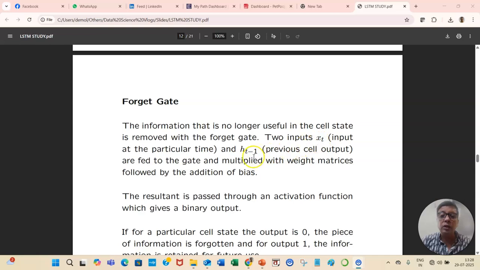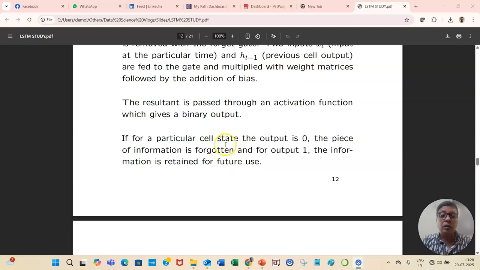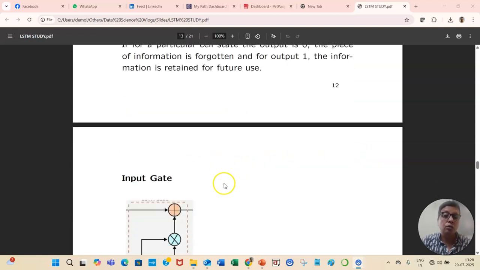Two inputs, xt and ht-1, the previous cell output, are fed to the gate and multiplied with weight matrices followed by the addition of bias. The resultant is passed through an activation function which gives a binary output. If for a particular cell state the output is 0, the piece of information is forgotten, and for output 1 the information is retained for further use.